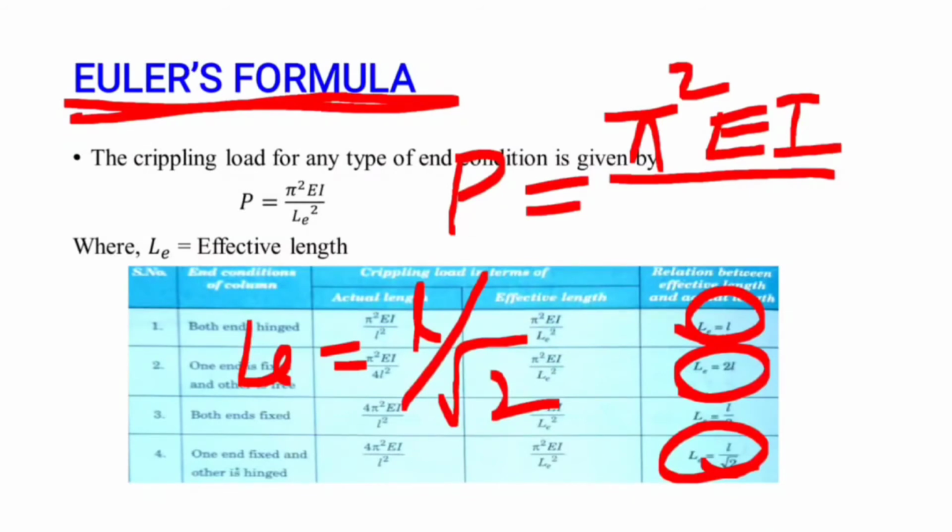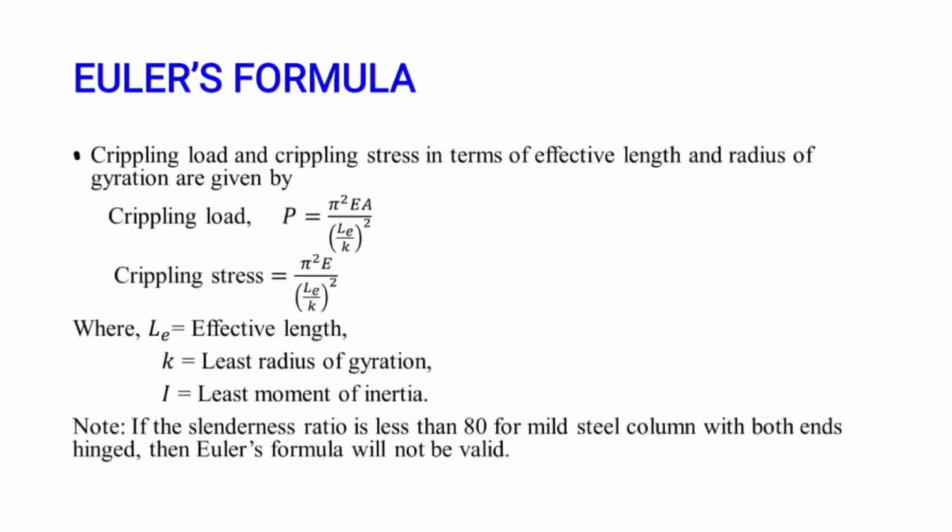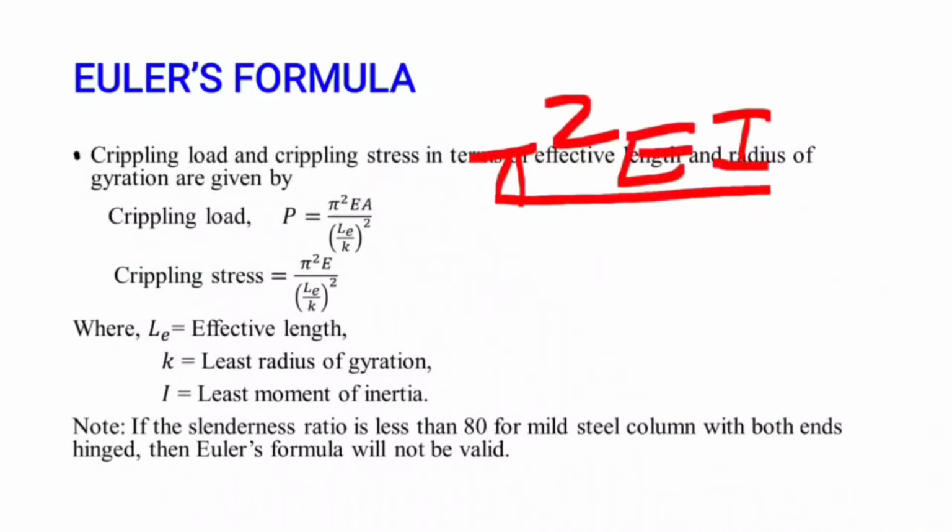Let's move to crippling load, pi square EI by LE square. This is the formula we have, right?